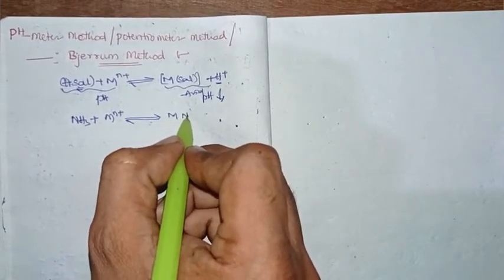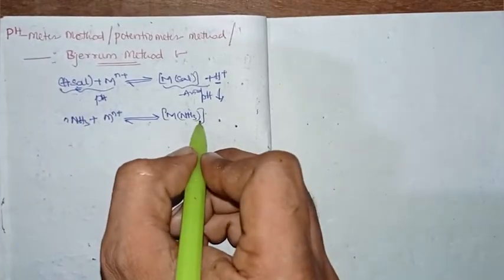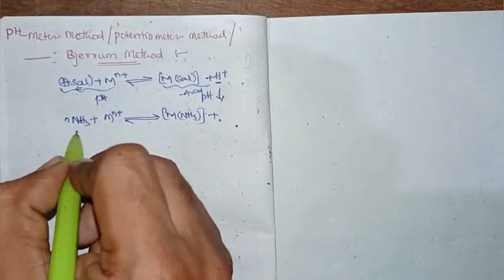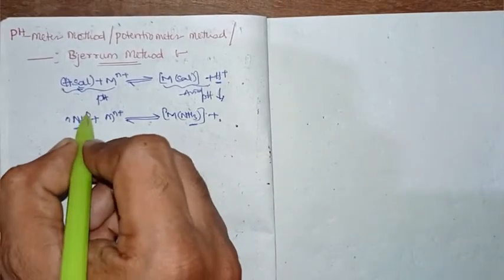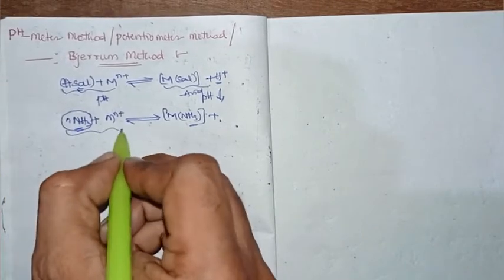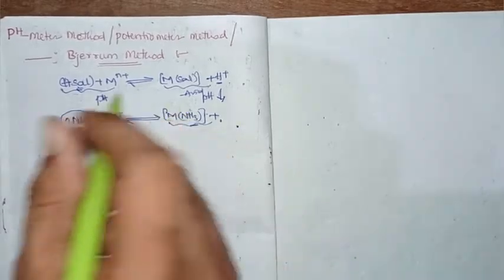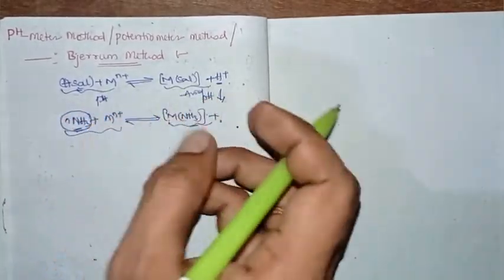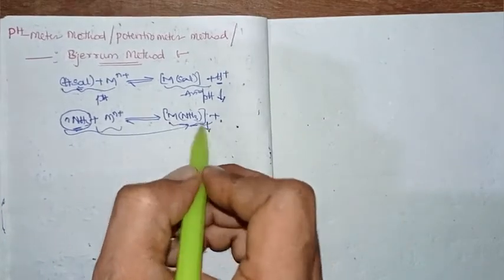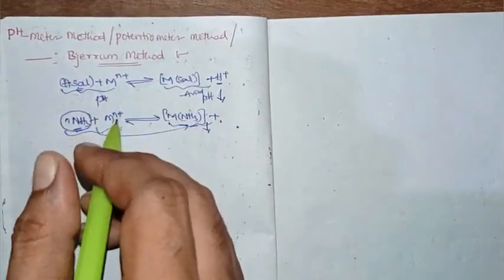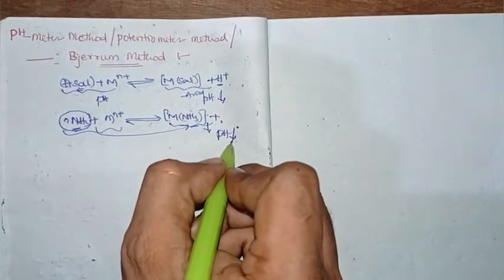The amount of ammonia can be reduced after complexation. The amount or concentration of ammonia before complexation and after complexation gets lowered, right? The lowering of the concentration of ammonia will result in a decrease in pH value, isn't it?